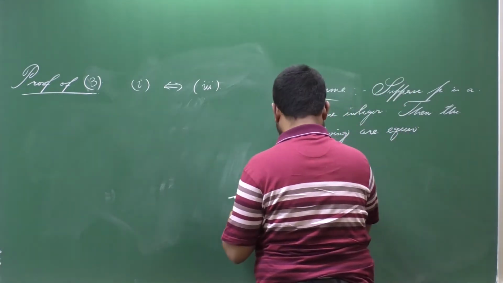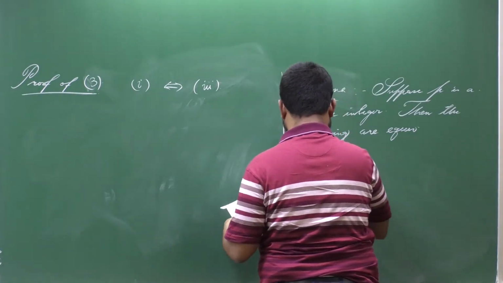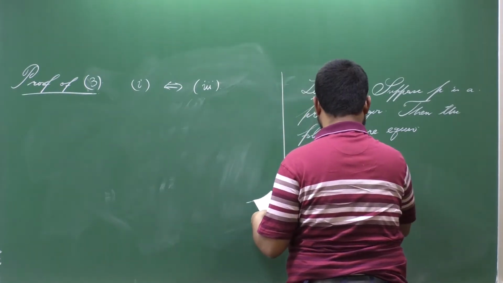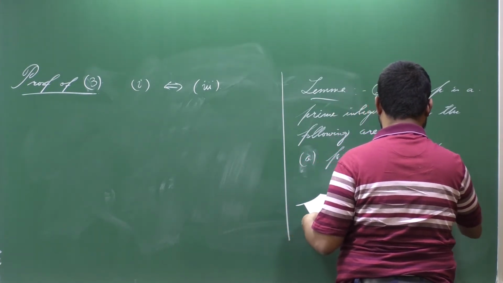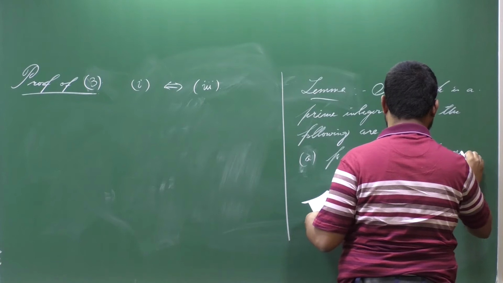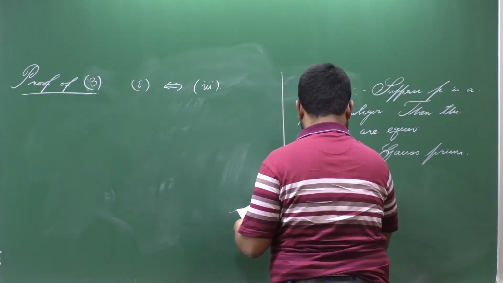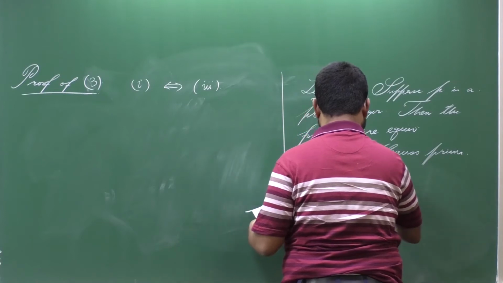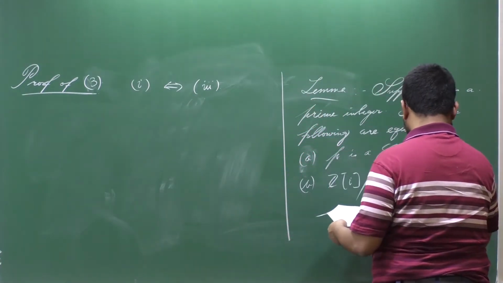What are the following things? Maybe I should write A, B, C. A: p is a Gauss prime. B: this ring is a field.